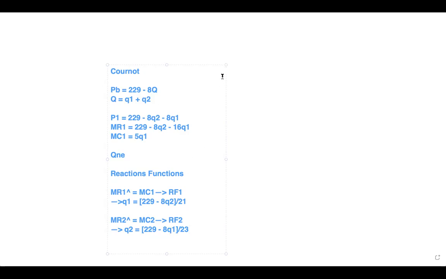And then our next part for the Cournot equilibrium is we would have to go ahead and find the intersection. So the Nash equilibrium is going to be the intersection of the reaction functions, right? Yes. Okay.